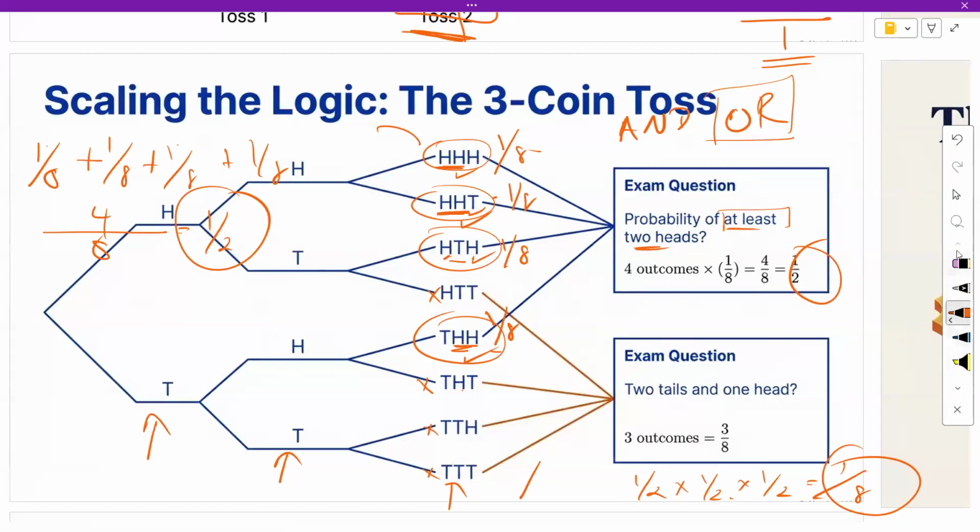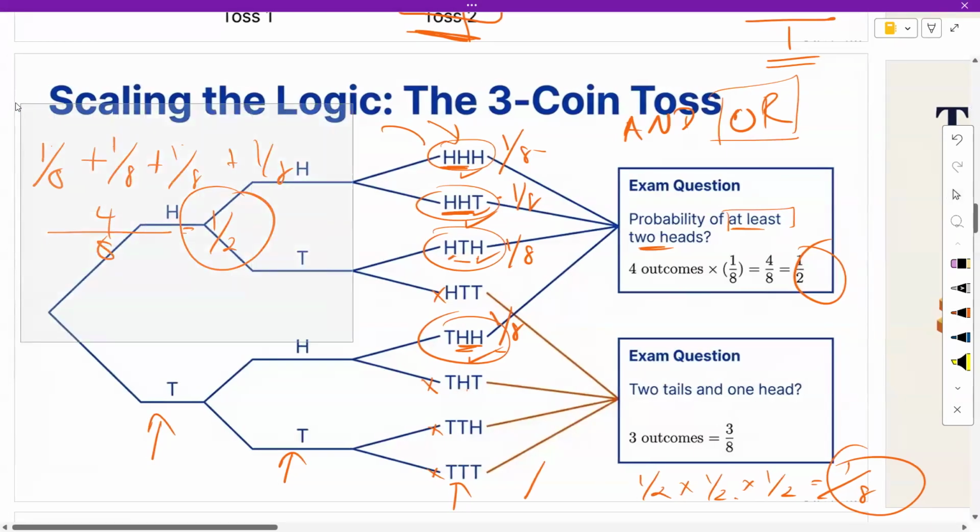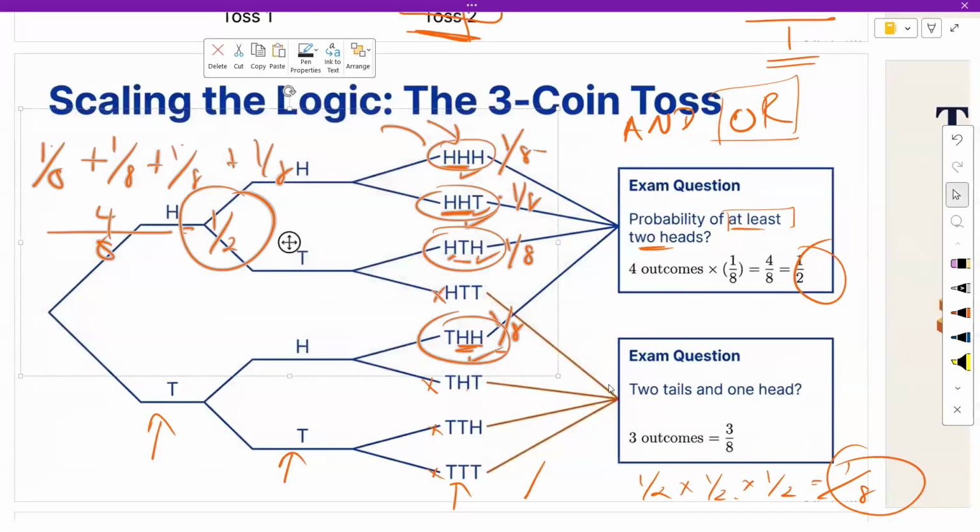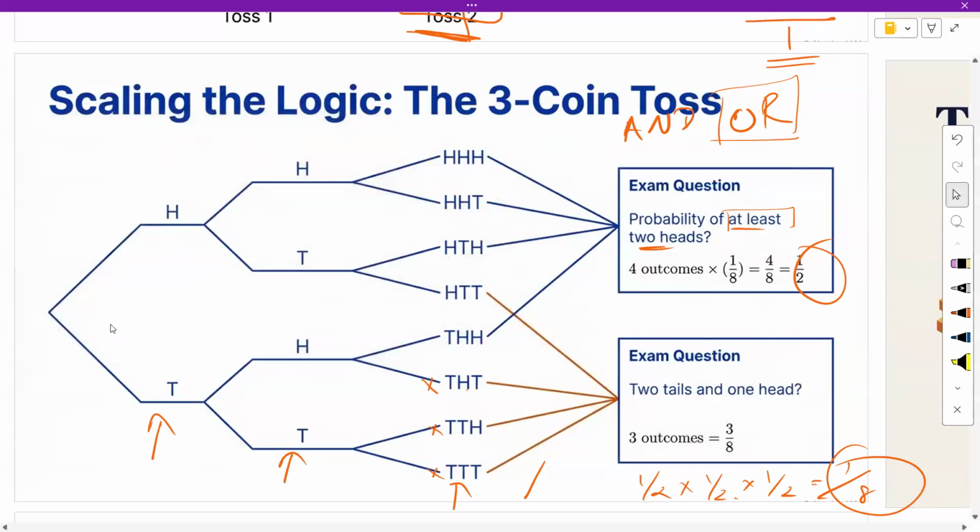Very good. Because our winning chance is limited to this one. What is the winning chance of getting 3 tails on these 3 tosses? 1 over 8.